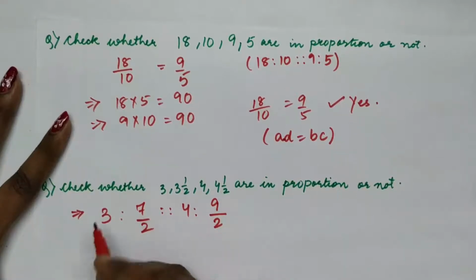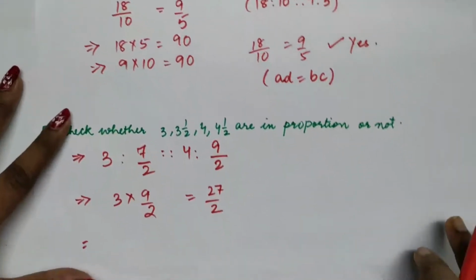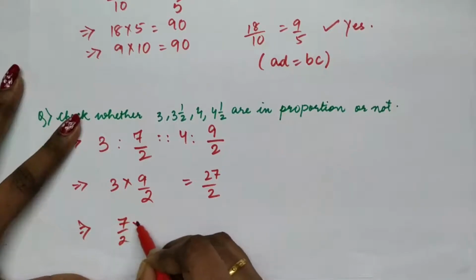Now what am I going to multiply? 3 into 9 by 2, and that is 27 by 2, the product of the extremes, and the product of the means, that is 7 by 2 into 4.